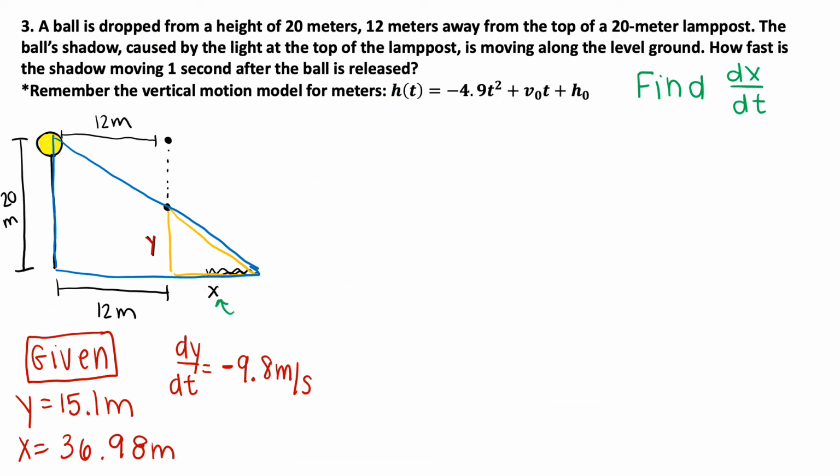Okay, so I just copied over all of those values that we found, and now that we are set up with our given and what we want to find, we can set up a proportion using our similar triangles. So I'm going to set this up as our small triangle y over x equals our larger triangle 20 over 12 plus x. Cross multiplying, we get 20x equals y times 12 plus x.